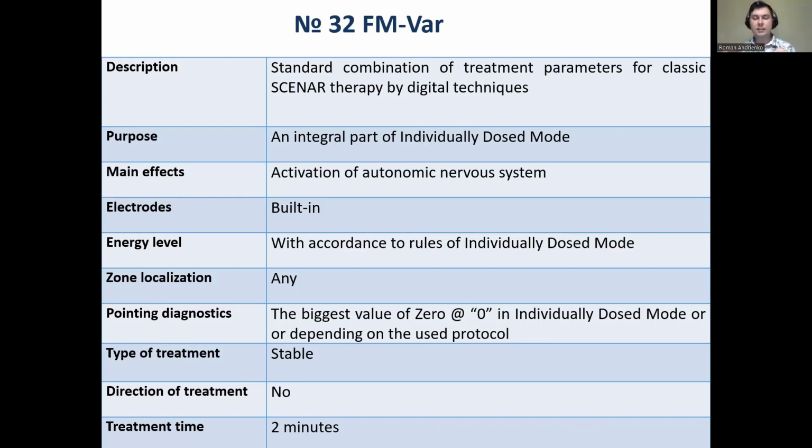This is something that you will usually find as a part of a certain tested protocol, tested by the doctors, by time, by the number of patients, and by some certain clinical evaluations. So FM war is something that you will not spend too much time with, maximum 2 minutes. If you are curious, go to the full version of the 3 pathways, 6 points, and you will find the FM war.